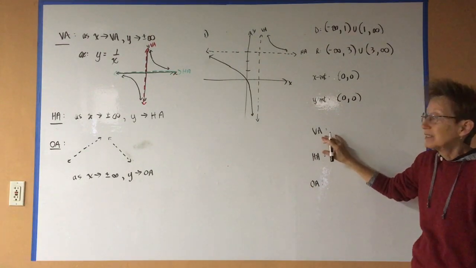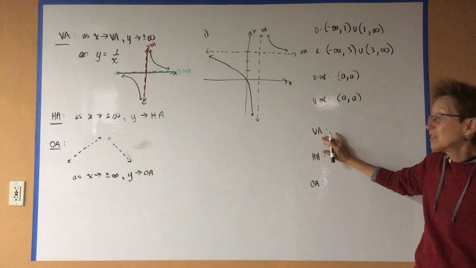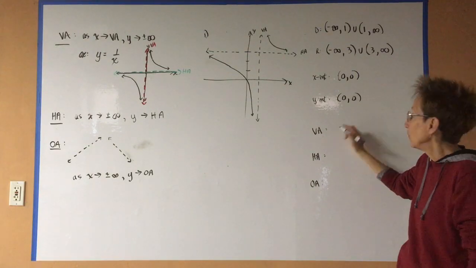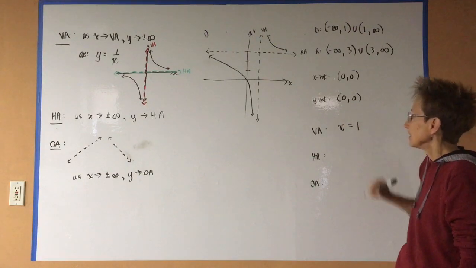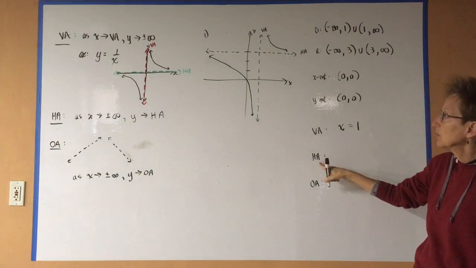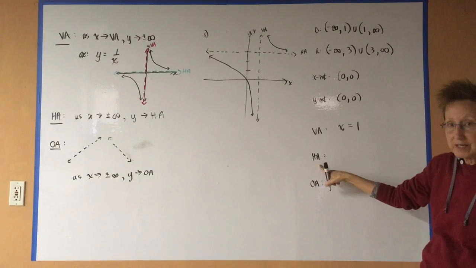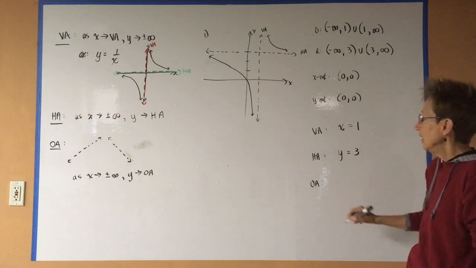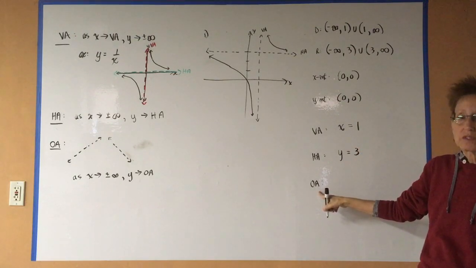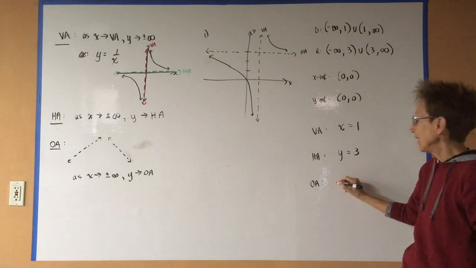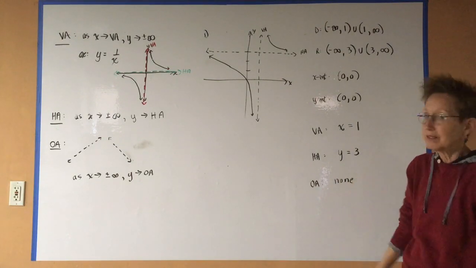Vertical asymptote is the equation of the vertical line, so my vertical asymptote is not 1, it is x equals 1, because it's the equation of the vertical line. My horizontal asymptote is the equation of the horizontal line, so y equals a number, so y equals 3. The equation of the oblique asymptote is y equals something that is linear, and there is no oblique asymptote on this picture, so I'm going to write down none.